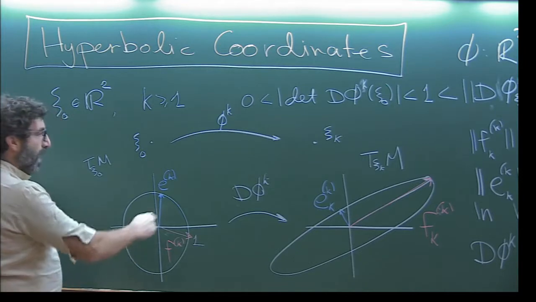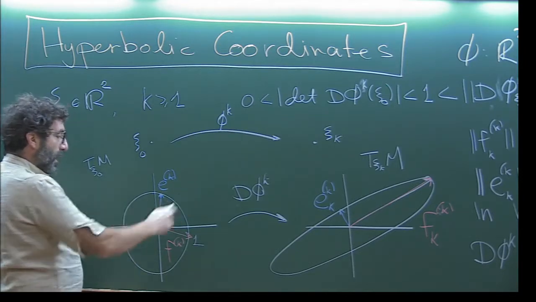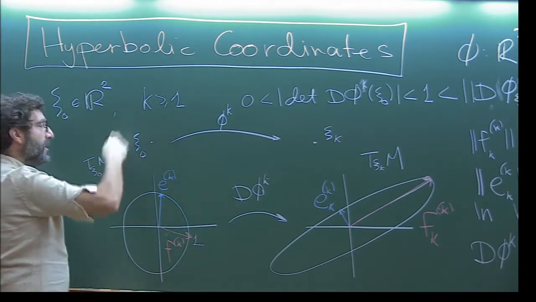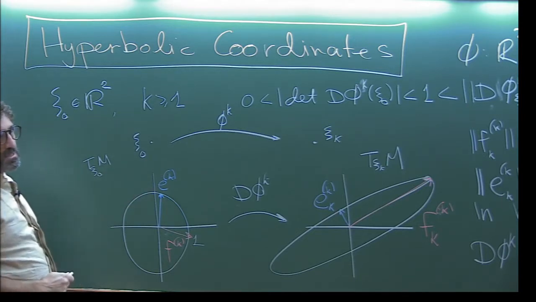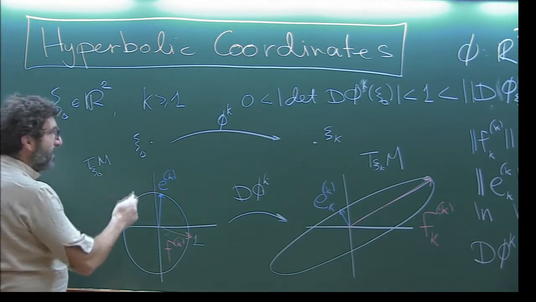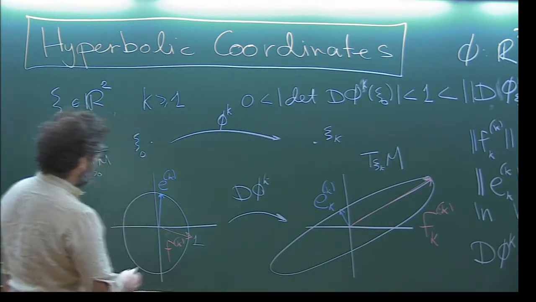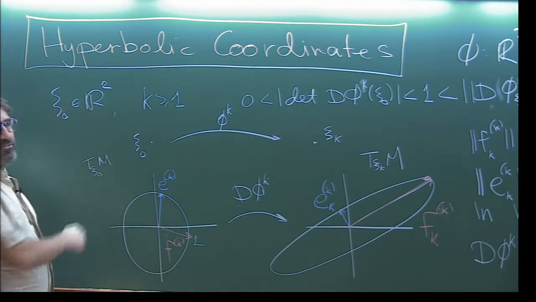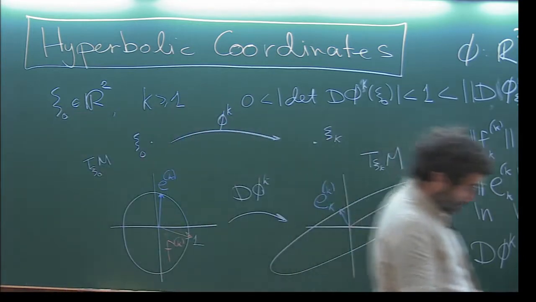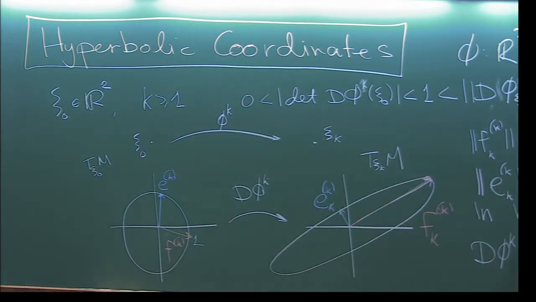So if these hyperbolic coordinates are defined at a point psi 0, they're defined in a whole neighborhood of that point. And if phi is C2, they depend C1. So they give rise to two unit vector fields in the neighborhood of psi 0.